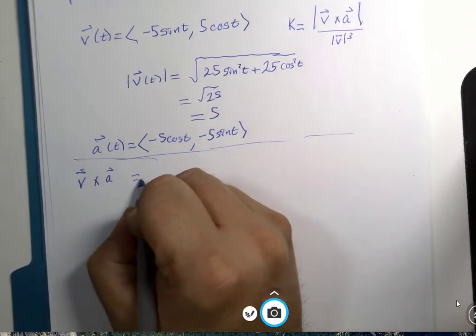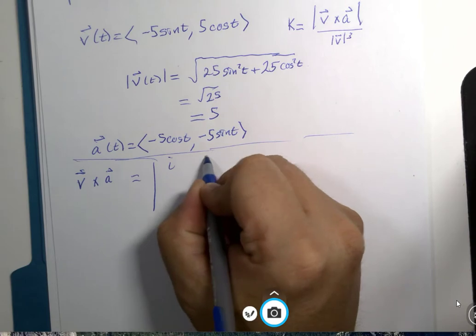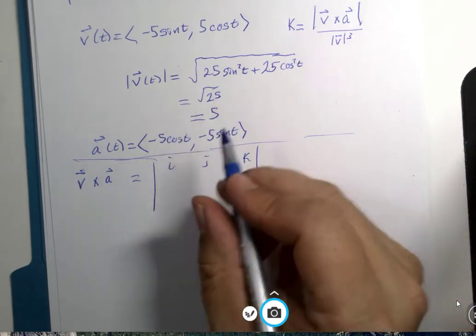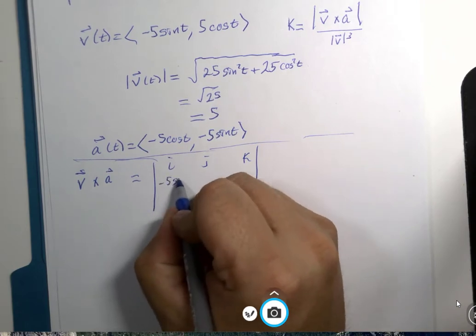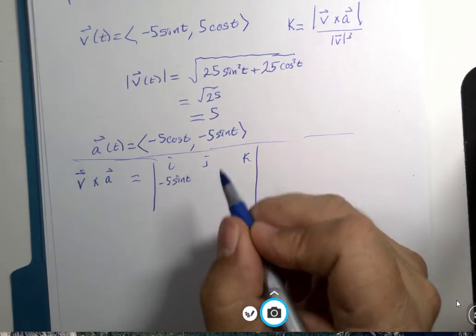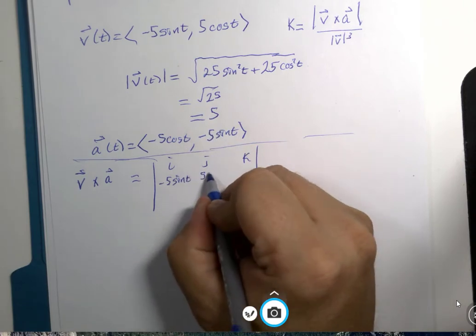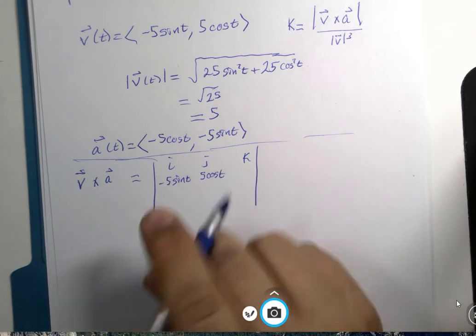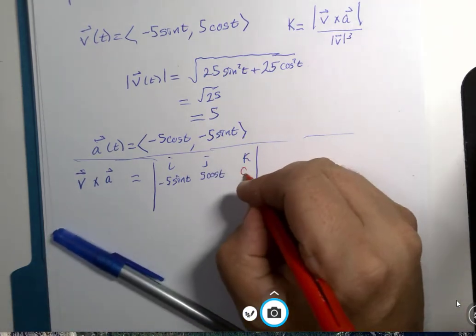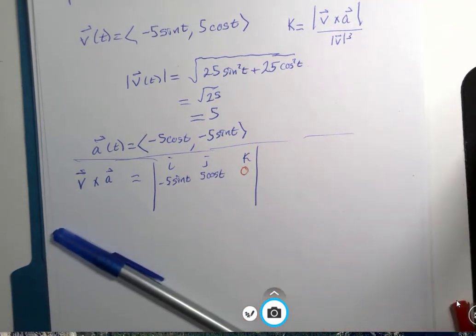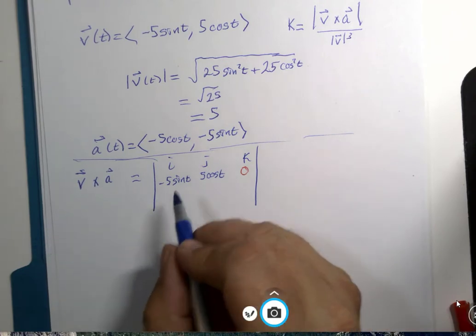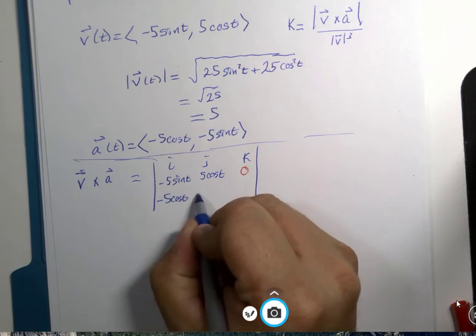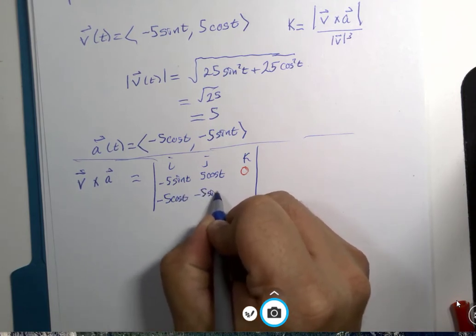When we do cross product, i, j, k, let's see here, velocity, -5 sine t. Can you see our problem yet? 5 cosine t. There's no third component. Well, that's right. There's no third component. It's 0. And similar for acceleration, -5 cosine t, -5 sine t.